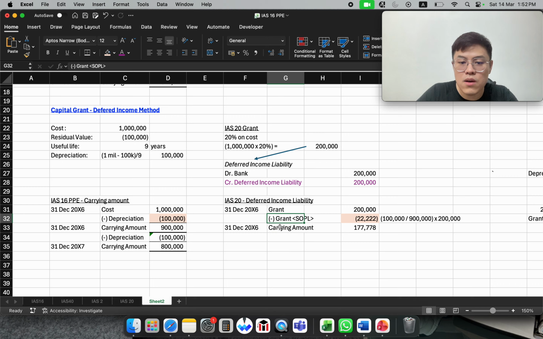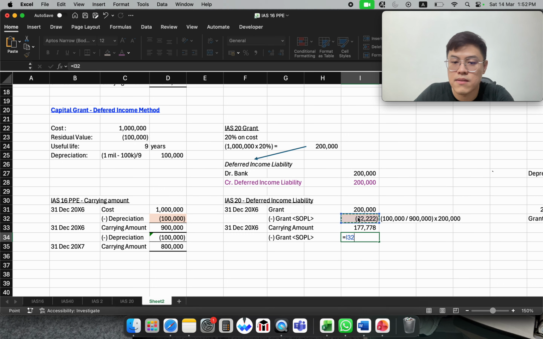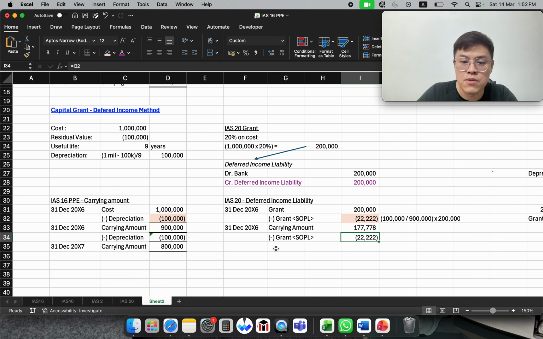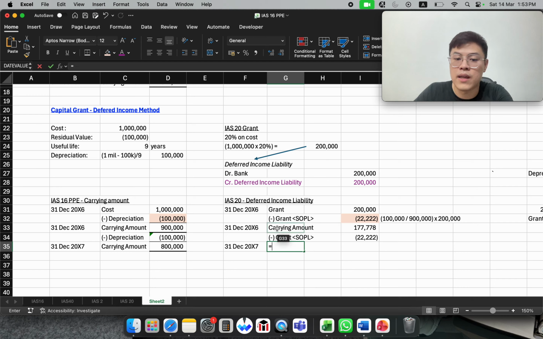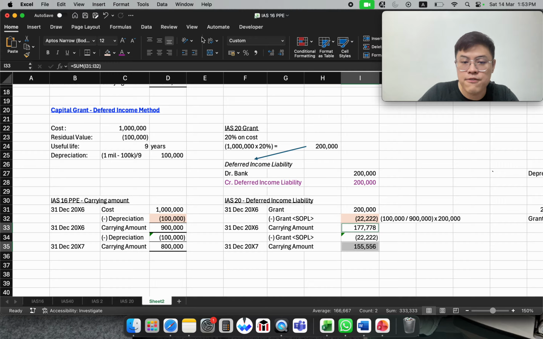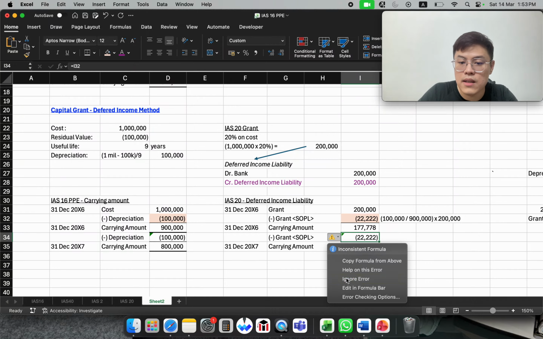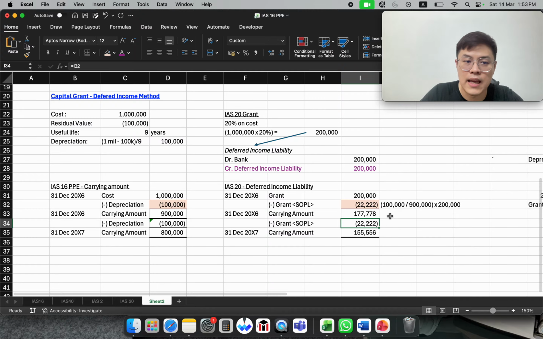And the next year, we are going to release the same 22,000 of grant. And at the end of the year 20x7, our carrying amount will be 155,556, and this will be our deferred income liability at the end of the year.